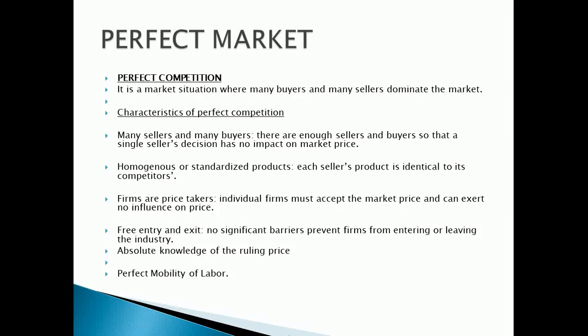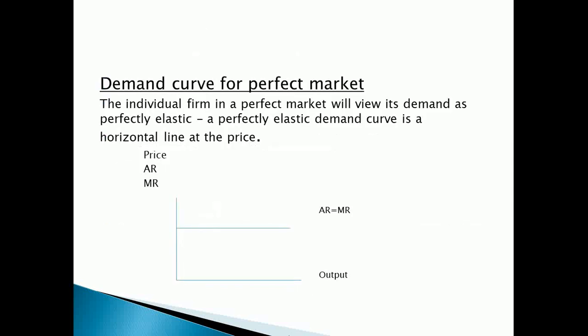Now let's study this curve. We will observe that the AR curve is stable, is constant, and the MR curve is also the same horizontal line. And this is as a result of the constant price. If you remember the figure I gave you earlier, and you can also see it on the screen right now, where the price remains the same.